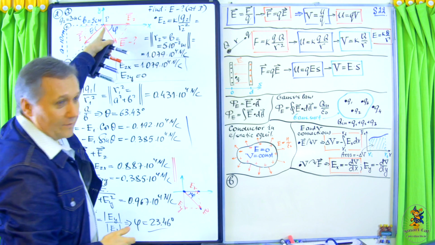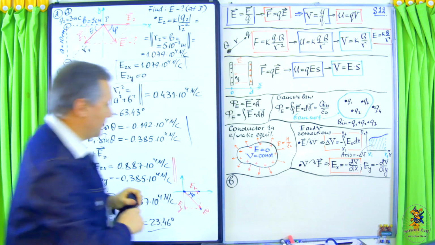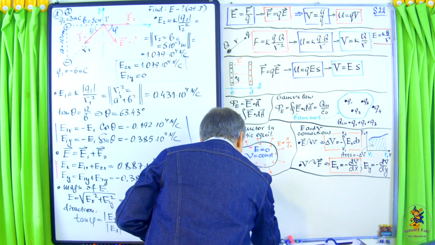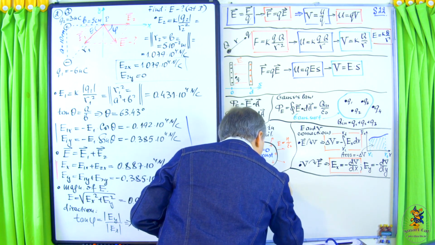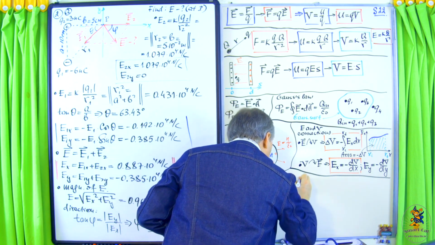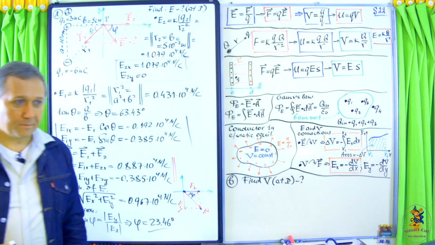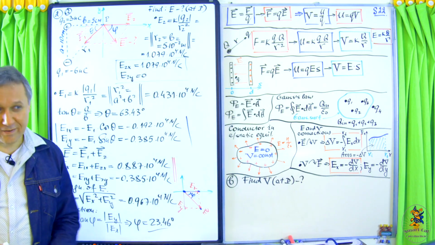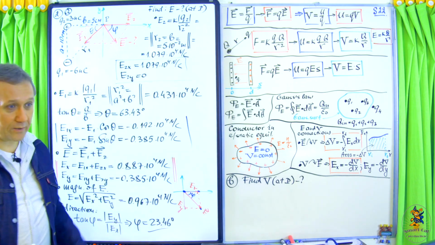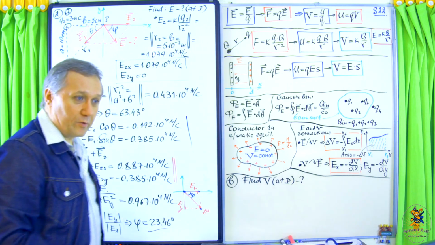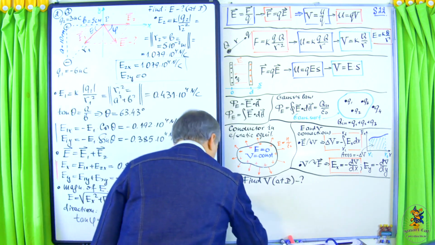So let's find the electric potential at point P. So now let's find V at that point P. And finding electric potential is really, really simple. You see how much time we spent here, and now see how much time we will spend finding electric potential.